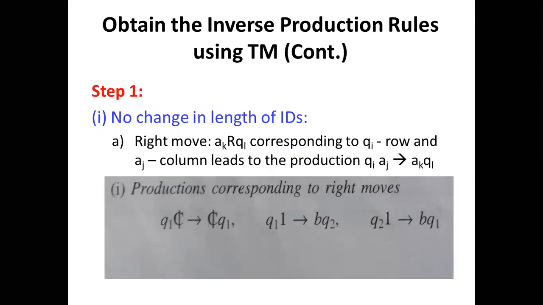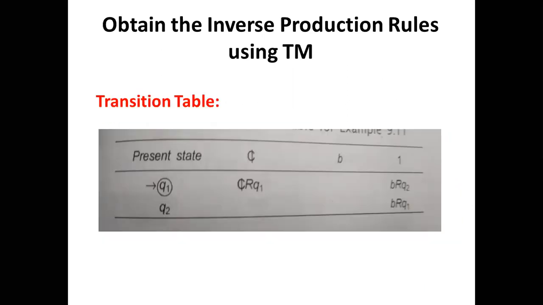So in state 1, no change in ID. Here, if you see, only right moves are there. You have to consider only the right moves. See, this one is a right move. So no change in length and the step is a right move.